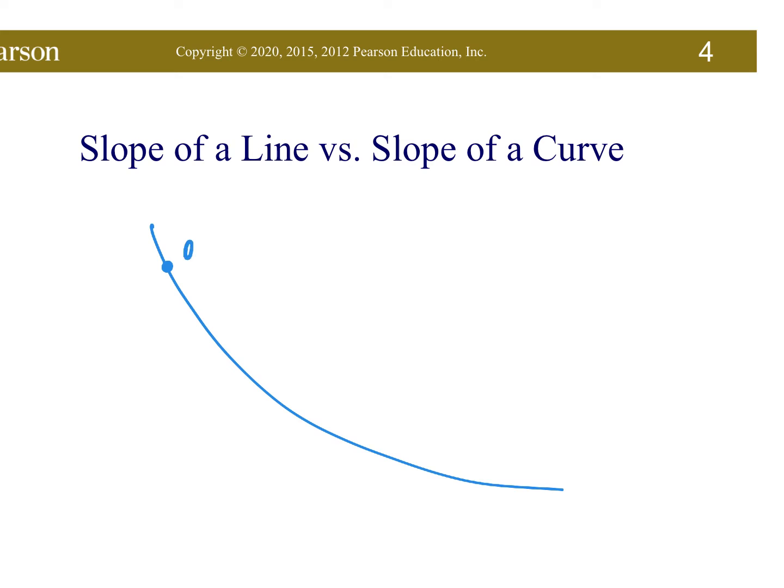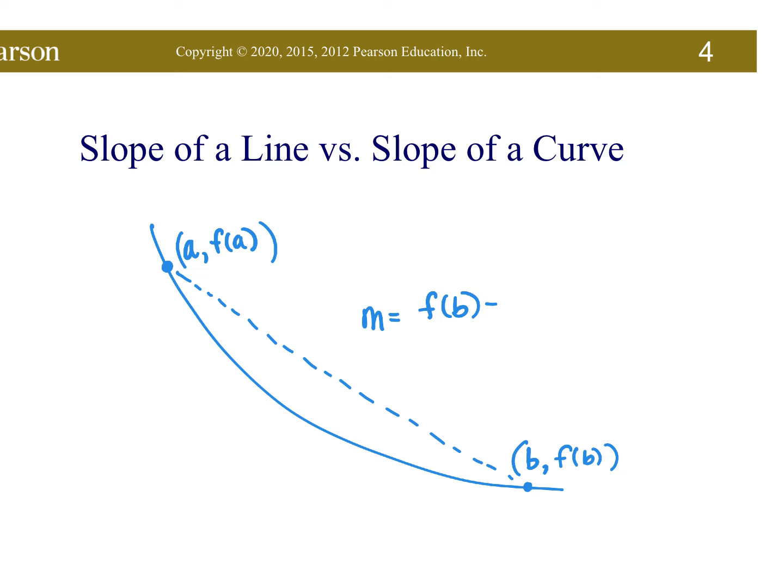All right, if this is point A, then its y-coordinate is f of A. If this is point B, then its y-coordinate is f of B. And the slope that connects those 2 things is f of B minus f of A over B minus A. All right, how do we then find the slope of the curve?